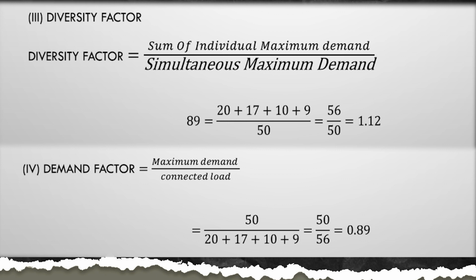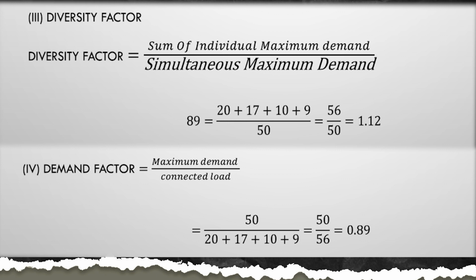Here the sum of individual maximum demand means 20 megawatt plus 17 megawatts plus 10 megawatts plus 9 megawatts, by the simultaneous maximum demand. Here the annual peak load is 50 megawatts, which is the simultaneous maximum demand.